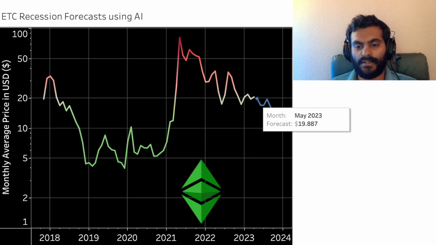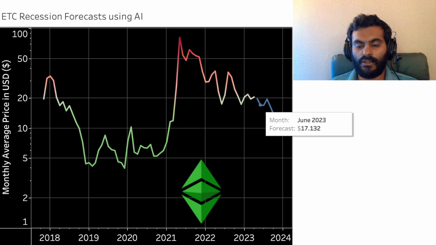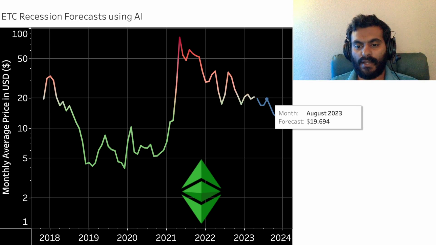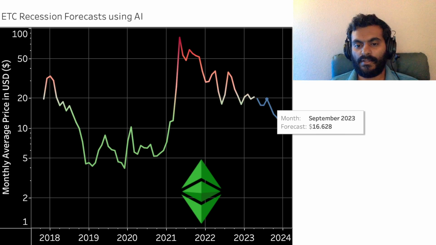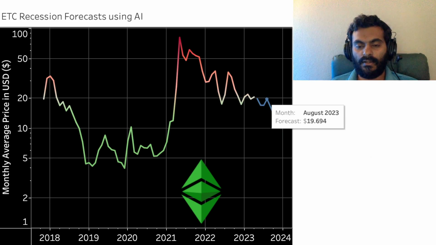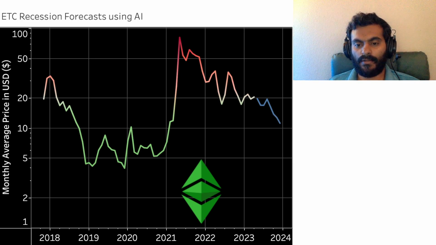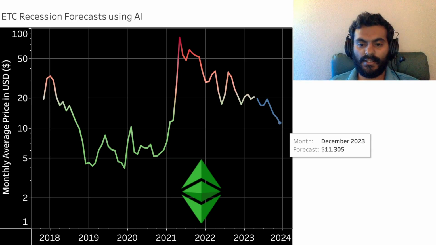The forecast for the month of May would be around $19.88. In June, $17. In July, $17.10. In August, $19.69, and a similar trend from August till December: a crash from $19 to about $11.30.